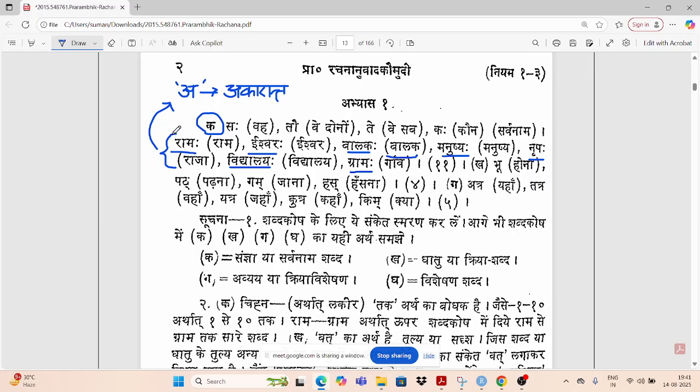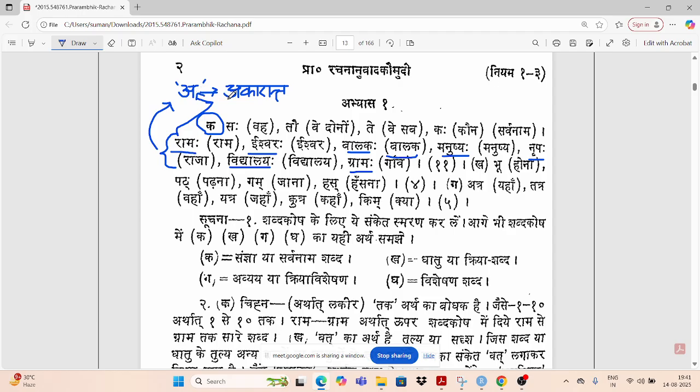So, all of these things, you can just make a list of these names and just have a note that words like Ramaha, Ishwaraha, Balakaha, what is common in them? The thing that is common is they all end with the syllable akshara, a.